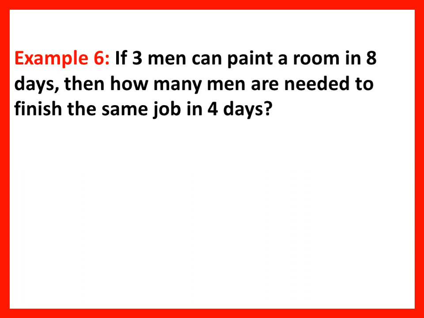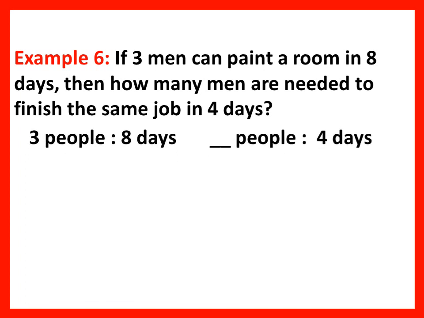Example number 5. If 3 men can paint a room in 8 days, then how many men are needed to finish the same job in 4 days? In our given, there are 3 people that will work in 8 days. And how many people will be painting the room for 4 days?